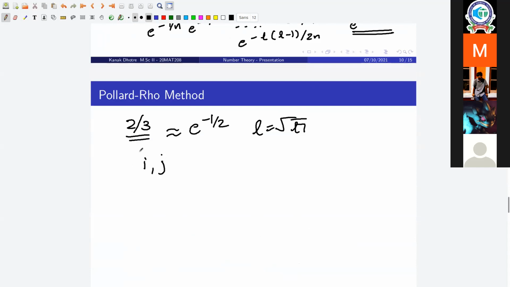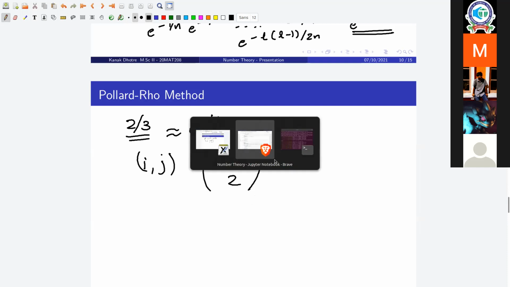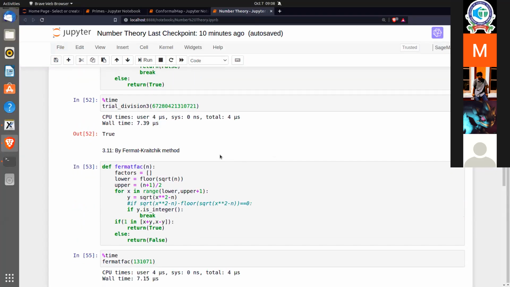So picking some i comma j, and we have say root n to begin with. So we're again running into, I just take the ceiling here, root n, and we're choosing 2 every time. These many GCD computations, and that does not make it any better than the previous 3 algorithms that we ran here, right?